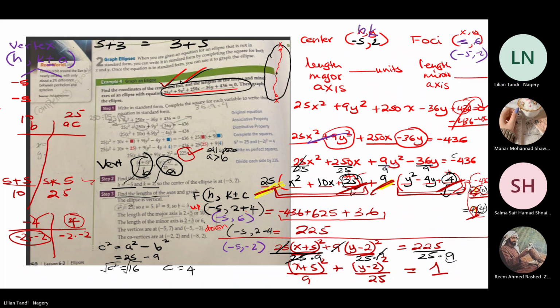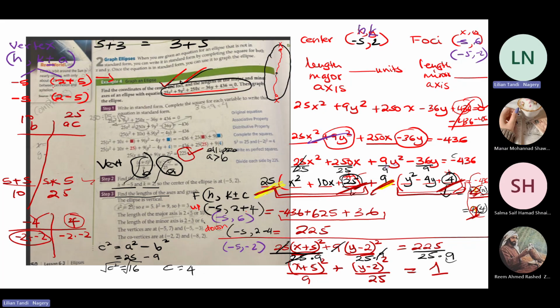I'm going to repeat -5 two times. To get this one, I will do K plus A. K is 2. A we know, 5. Very good. Here, I will do 2 minus 5. You agree? Okay. So my first vertex will be -5 times 2 plus 5?